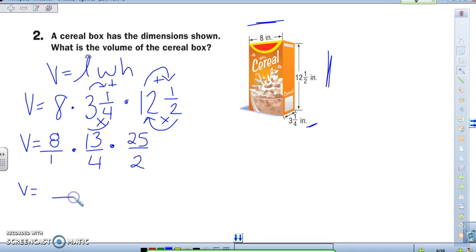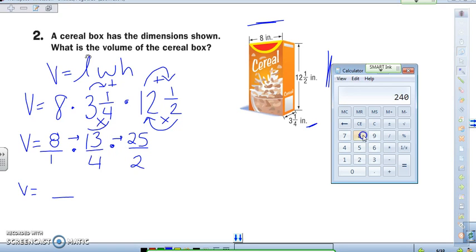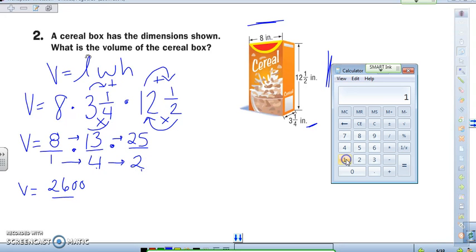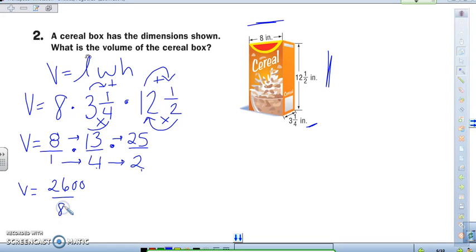Now what we need to do is just multiply straight across. So 8 times 13 times 25 gives me 2,600. Whew, big number. Then we're going to multiply 1 times 4 times 2. That gives me 8.